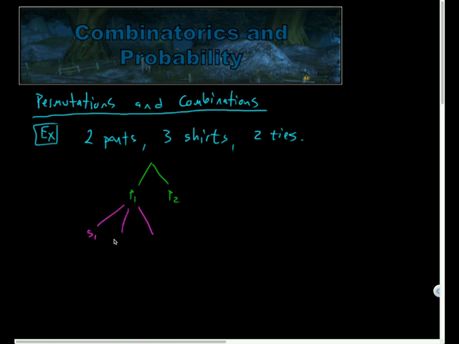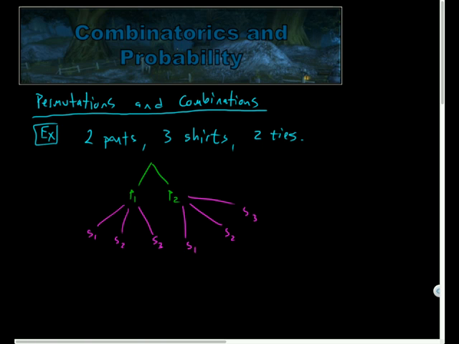I could have shirt 1, shirt 2, shirt 3, or if I chose pants 2, shirt 1, shirt 2, shirt 3. So the number of branching possibilities is increasing. For instance, this endpoint here would be the world in which I chose pants 1 and shirt 3, or this is pants 2 and shirt 1. So you can see that each of these endpoints represents one of the unique possibilities.